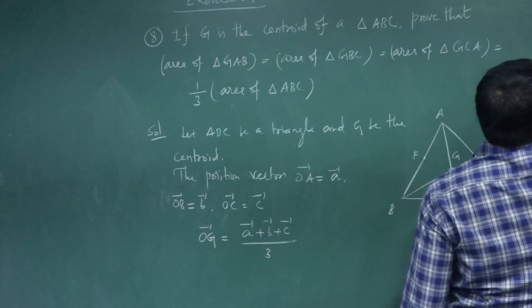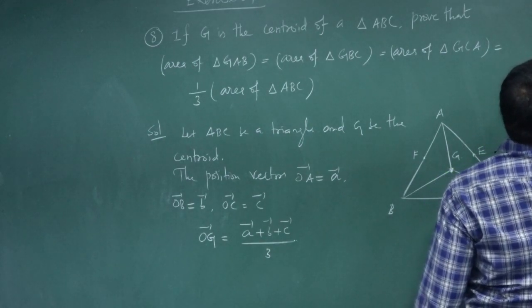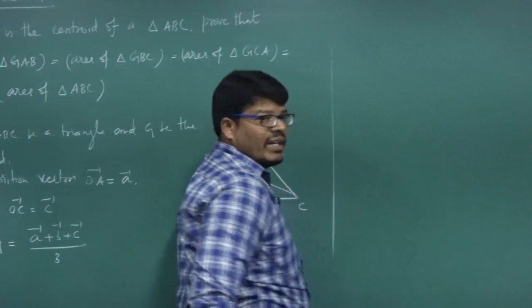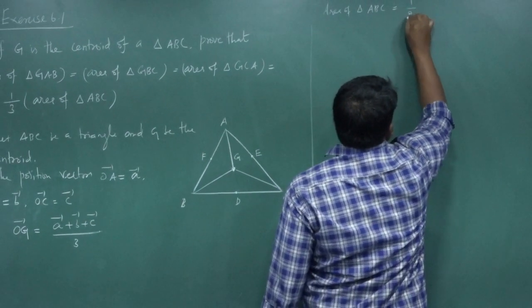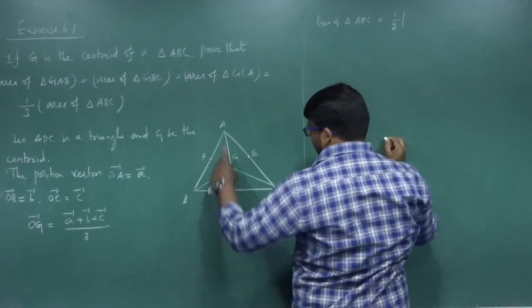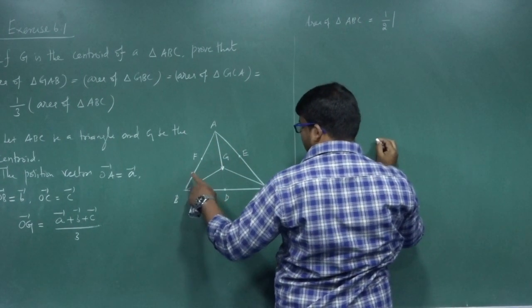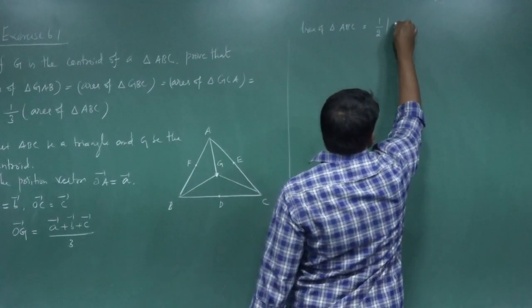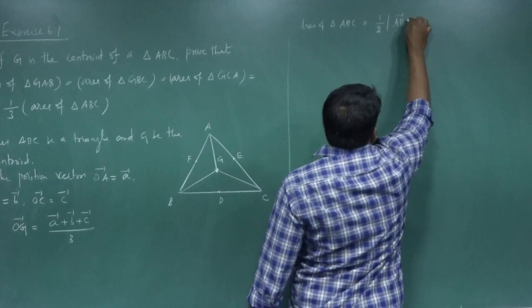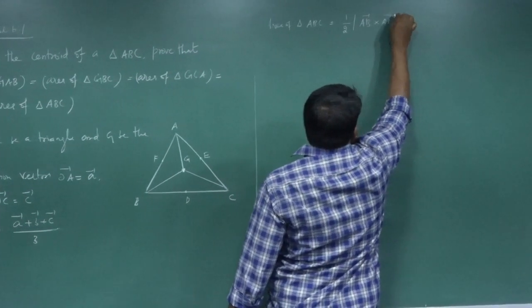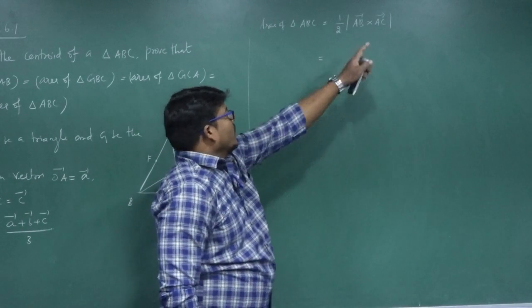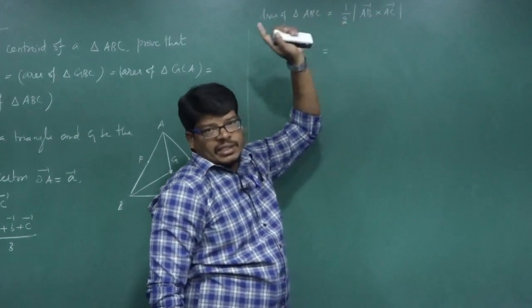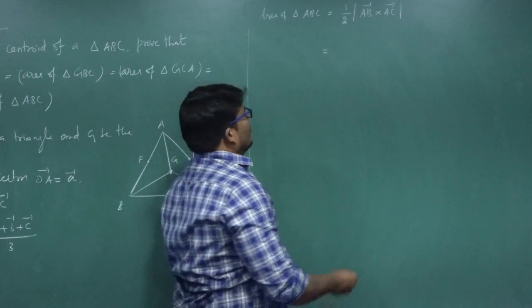Area of triangle ABC is half into 2 adjacent sides, the modulus of AB vector cross AC vector.